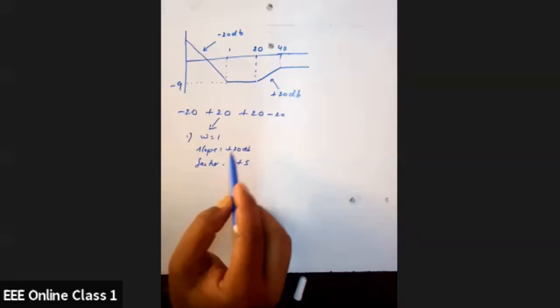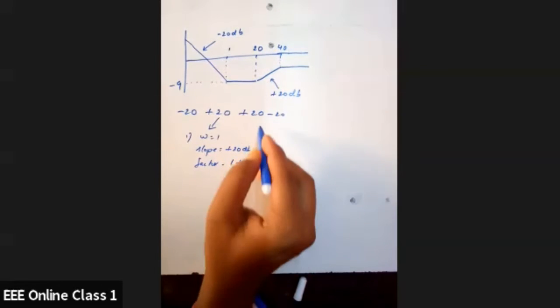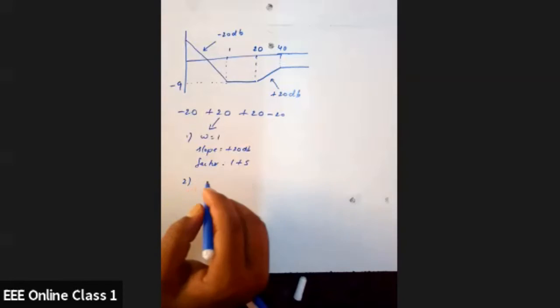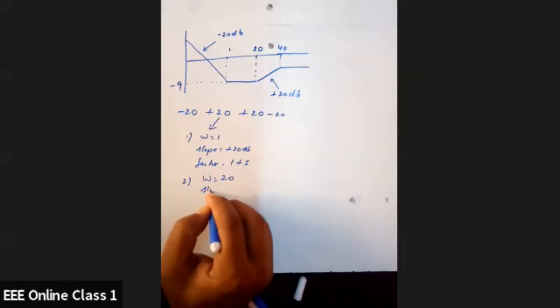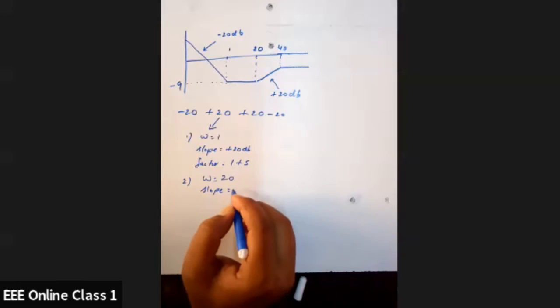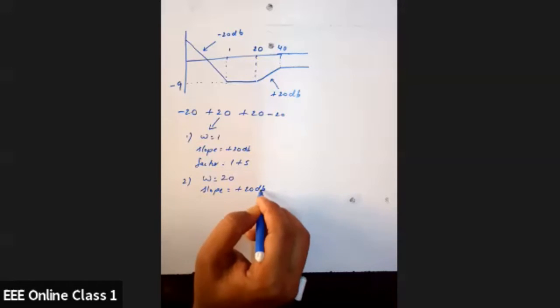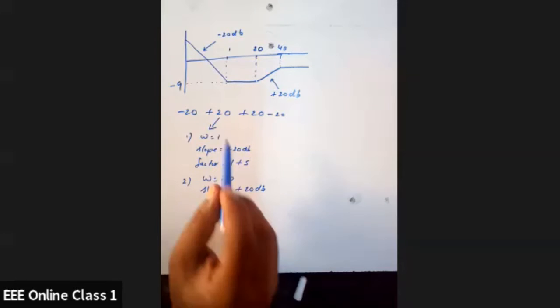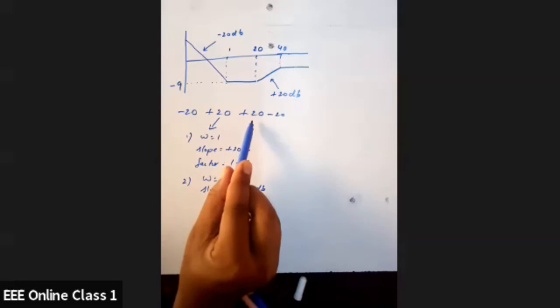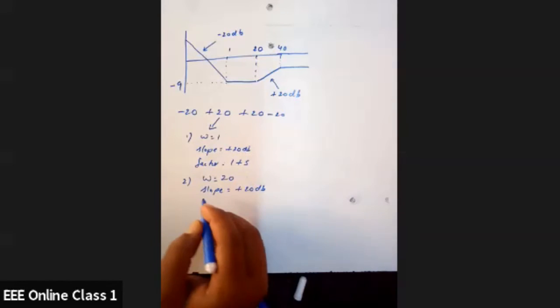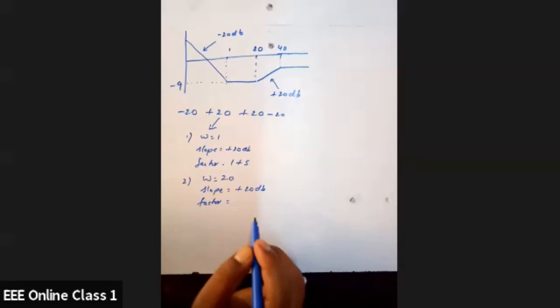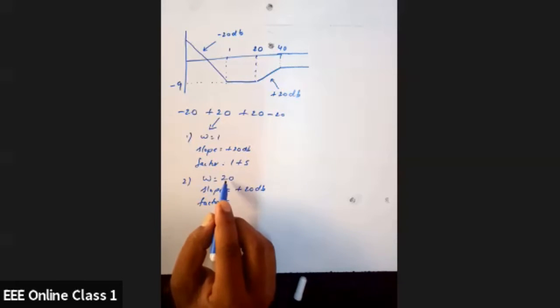Now let us see third factor. Omega is 20 and slope is plus 20 dB. So the factor is 1 by 20.